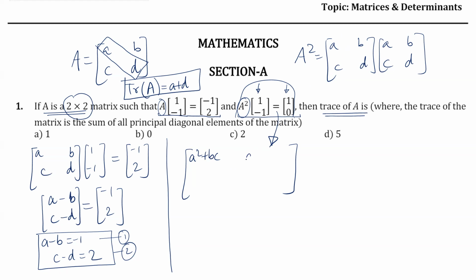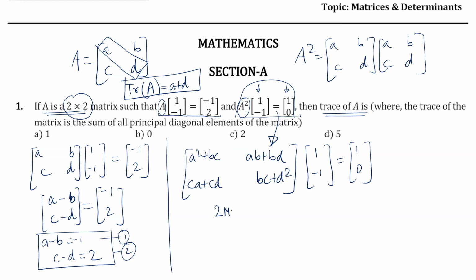So this will be ab plus bd, and this element will be ca plus cd and bc plus d square, multiplied with 1, minus 1 equals 1 comma 0. So from here you will get two more equations in a, b, c, d only, and you already have these two equations.